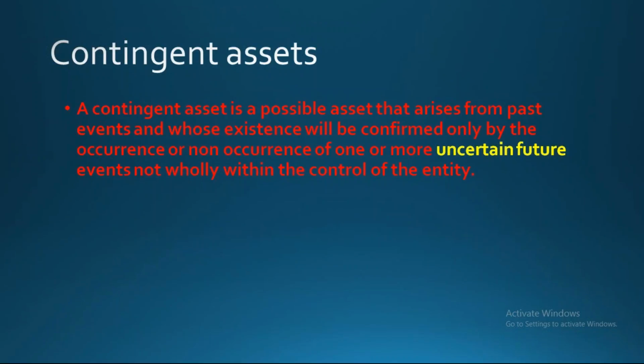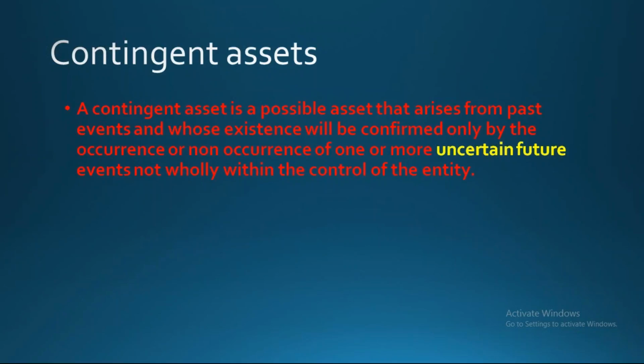Because it's still not within our control. It becomes an asset the moment it becomes within our control, but when it is still not within our control, it's a contingent asset. A good example I can think of is an insurance claim. Yeah, put up an insurance claim, still not finalized.